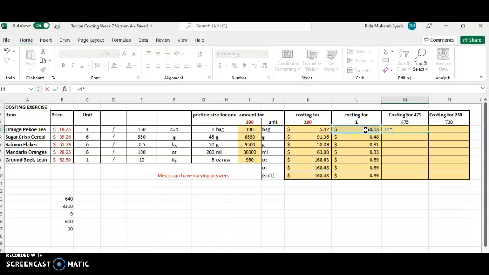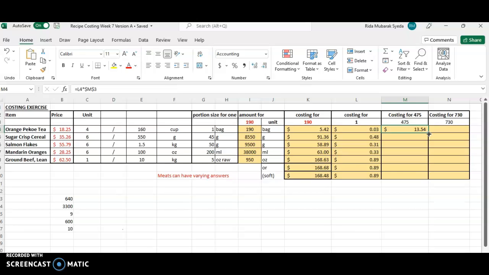Take this, multiply it by this, and because I again know that the number of residents is going to be the same, I'll do the absolute cell referencing and press enter. But one thing I notice over here is when I put it in my calculator, 0.03 times 475, I get $14.25 as my price. But over here we have $13.54, so its costing is less.